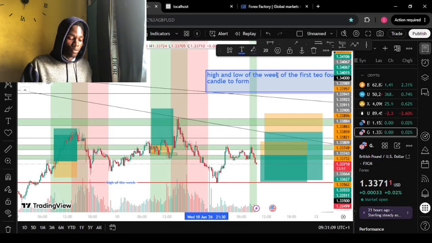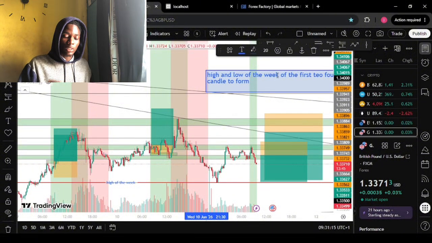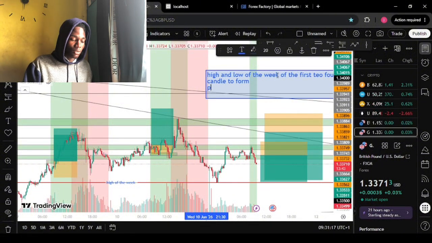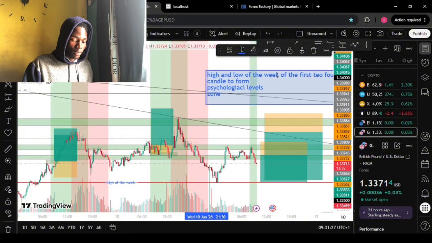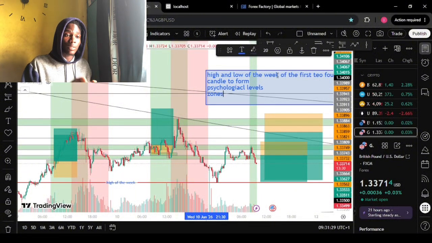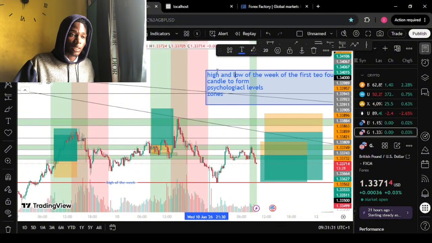The next thing I look out for is my psychological levels, and I also map out zones. That's one important part of my strategy.